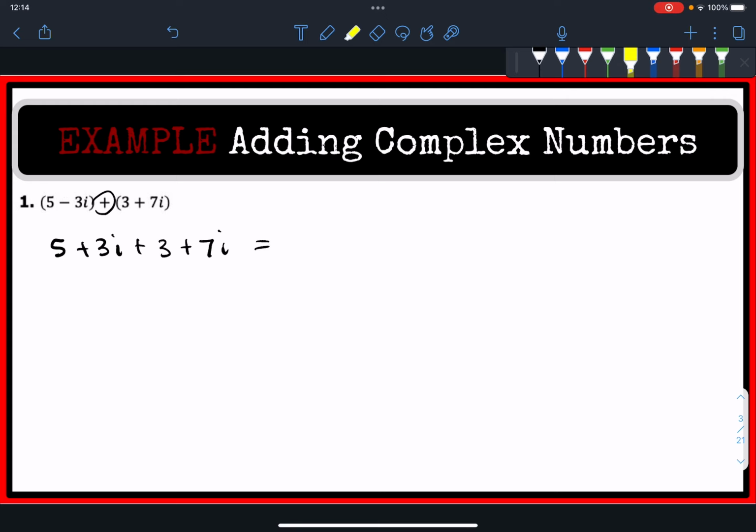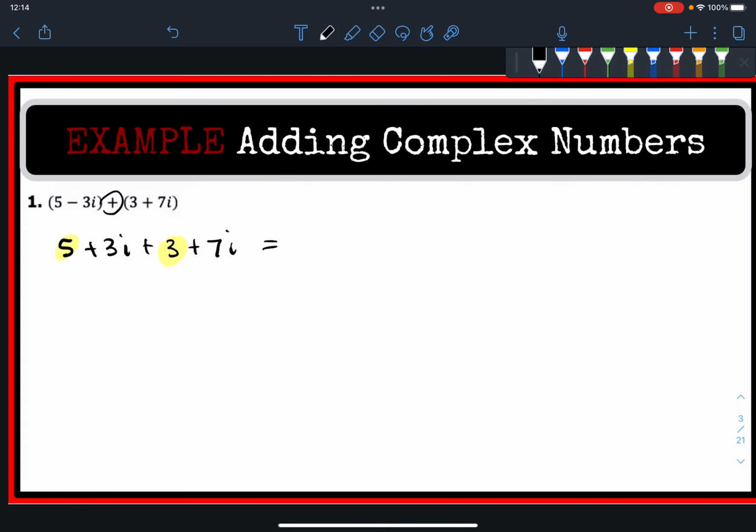So we combine the 5 and the 3, which adds up to 8. And then the 3 and the 7, which adds up to 10. So we end up with 10i. And this is your answer. Notice that we end up creating a complex number.